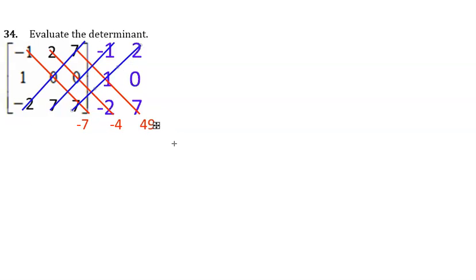It'll be the opposite sign. So for this one we get -14. And then for the next one we get 0. And for the last one we get 14. Wait, this one right here should be a 0.